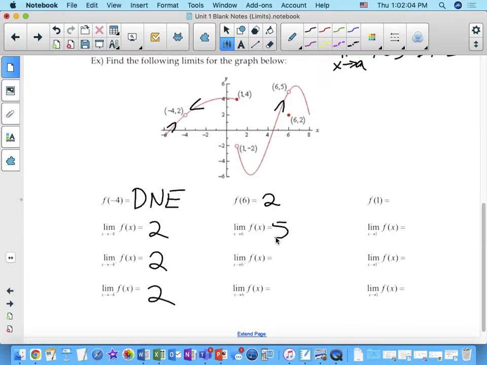Okay? When you're coming from the right, when you're approaching 6 from the right, what does the function approach? When you're coming from this direction, what does the function approach? 5. Yeah. Okay. So then, what is the limit as x approaches 6 of f of x?